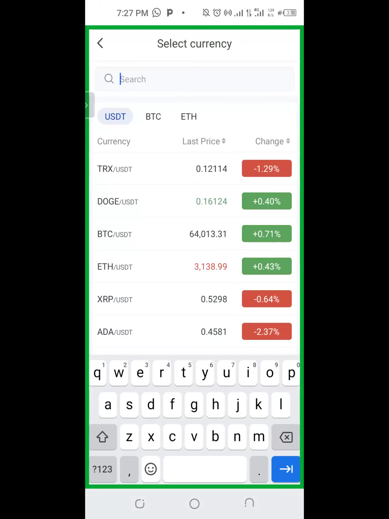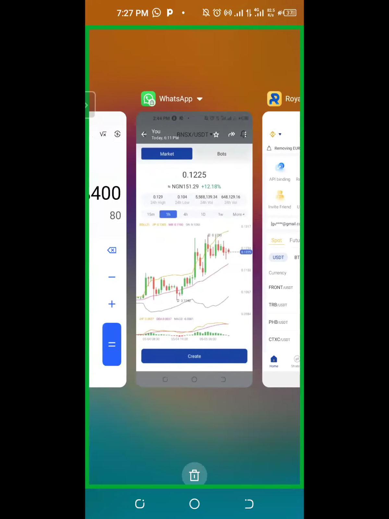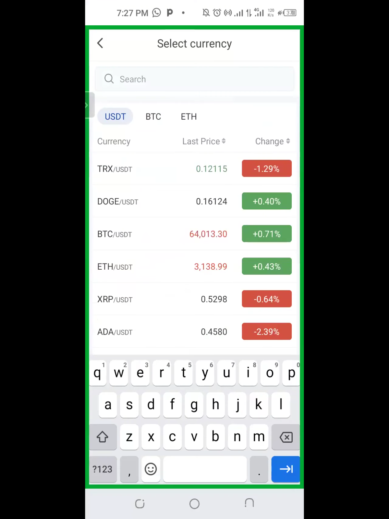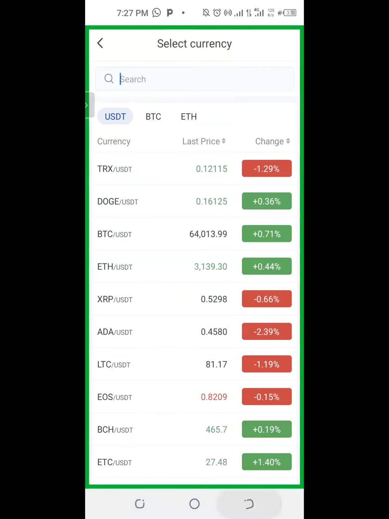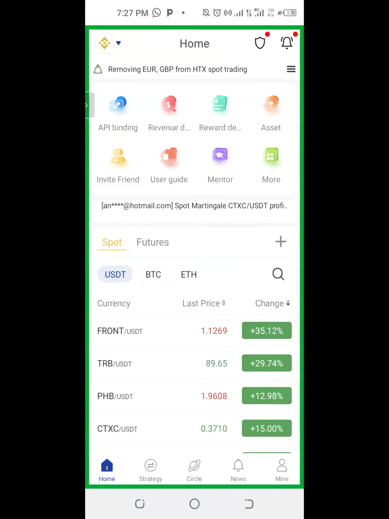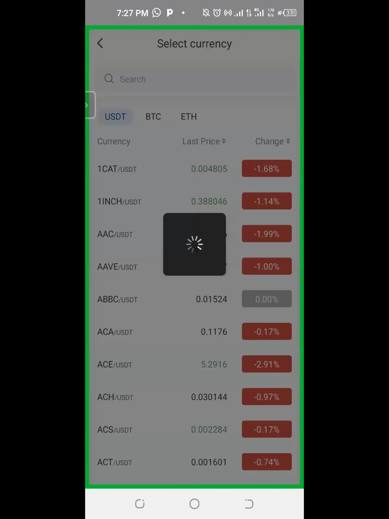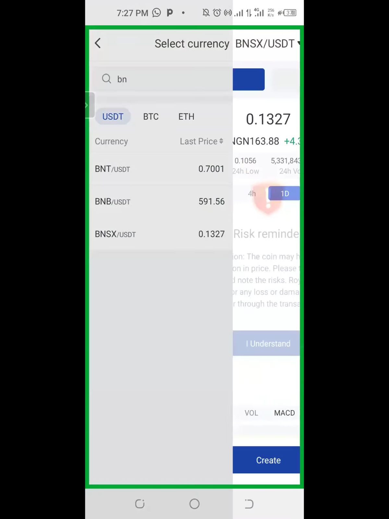What's the name of the coin? BNS. Sorry, okay, you see, I hope it's not on ATX exchange. Check. It's on... Okay, it's on ATX exchange, not on Binance.